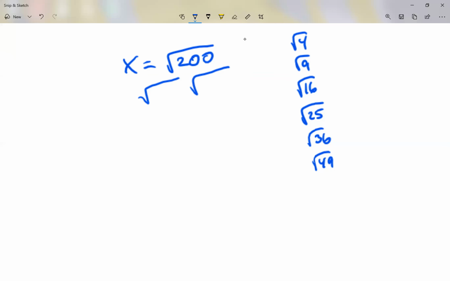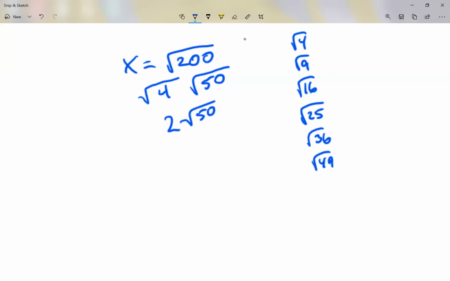It's okay for the numbers to be different, but one of them has to be from my perfect squares. So I'm going to say, how about 4 times 50? 4 times 50 is 200. And I know the square root of 4 is a perfect square. That's going to give me 2 square root of 50.